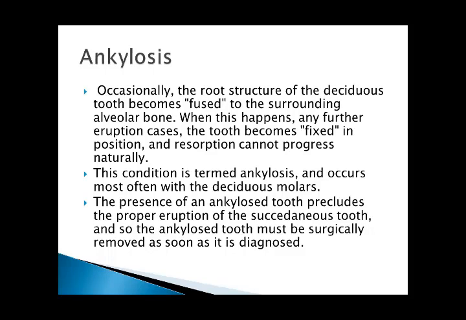This condition is termed ankylosis and occurs most often with the deciduous molars. The presence of an ankylosed tooth precludes the proper eruption of the succedaneous tooth, and so the ankylosed tooth must be surgically removed as soon as it is diagnosed.